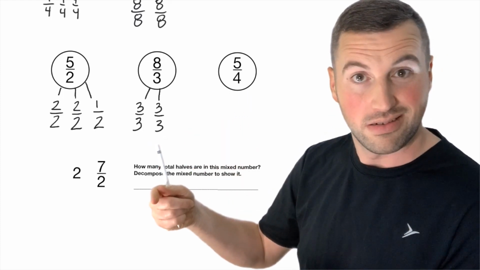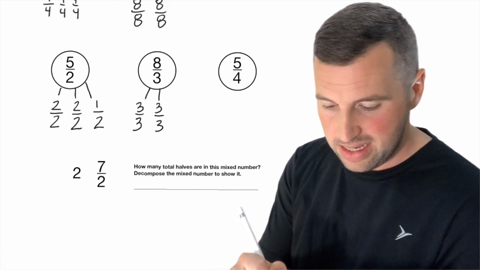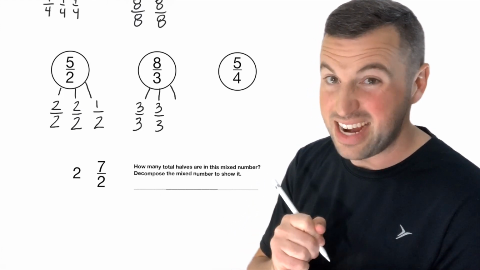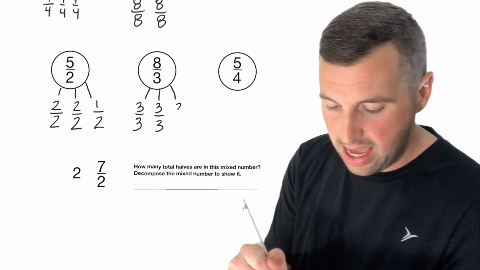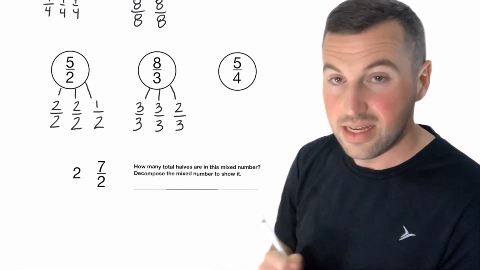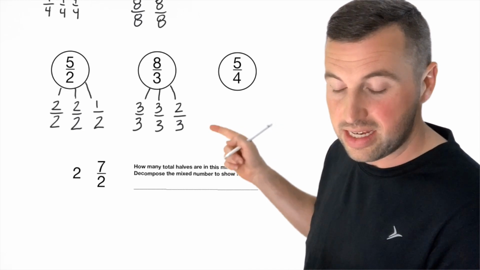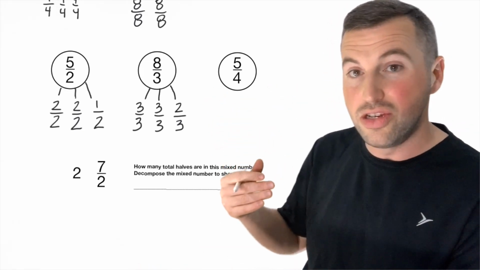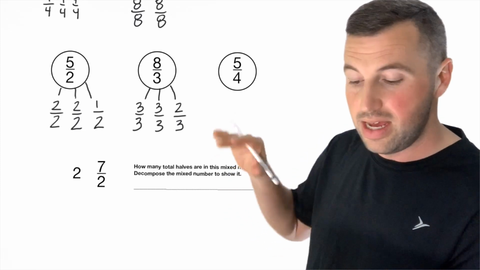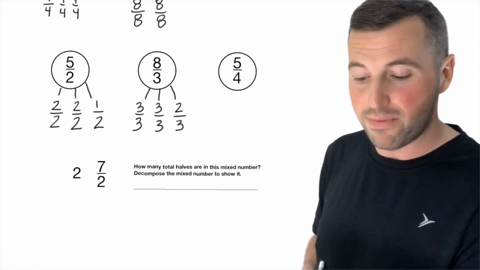Can I do another? No, because that would be 9 thirds. I don't have 9 thirds. So 3 thirds, 6 thirds, and 2 thirds. 3, 6, 7, 8. Okay. So this is what you're doing when I want you to decompose an improper fraction.